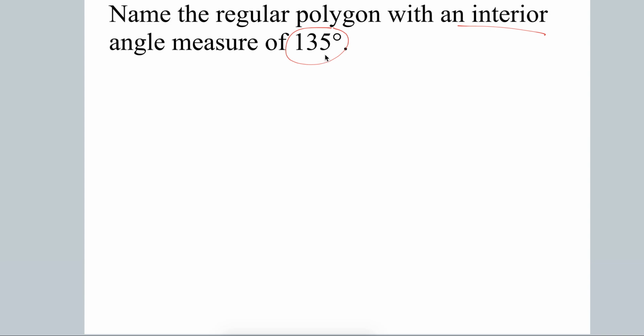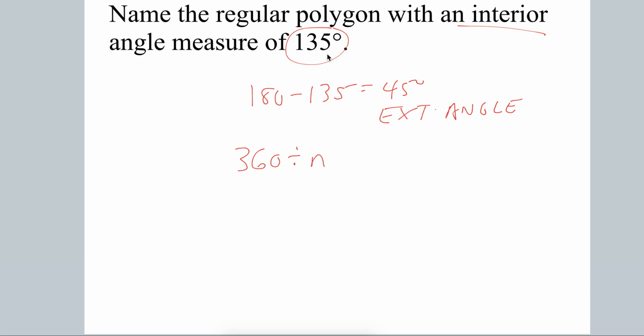if we have an interior angle that's 135, if we do 180 minus 135, we get 45 degrees for each exterior angle. And then if you recall, if you do 360 divided by n, the number of sides for a polygon, it gives you the measure of each exterior angle.